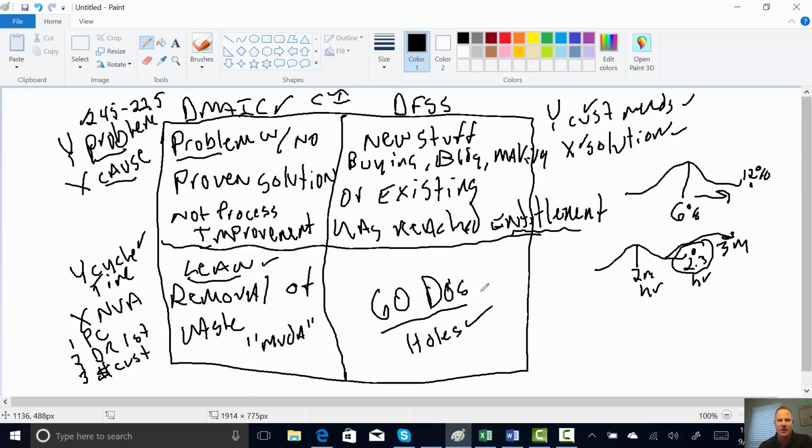So we created something. That's a go-do. But then we did a DMAIC project, which was how could we reduce holes appearing within the first year. So that became one of my Belts' DMAIC projects, which then led to a Design for Six Sigma project on is there a new or better way to pour the asphalt for a parking lot so that we don't get holes in the first year.